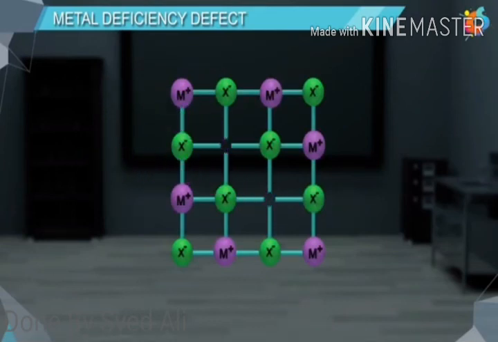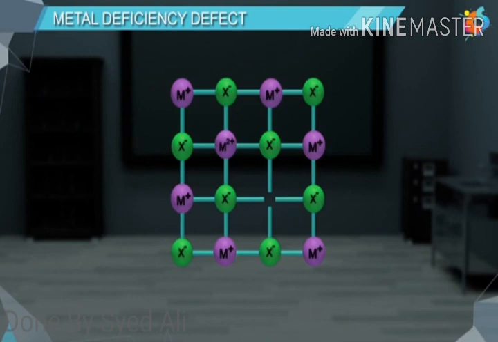To maintain electrical neutrality, some metal ion having higher positive charge is added to occupy the vacancies created in the crystal. As this metal ion has higher positive charge, it will occupy only some of the sites to balance the overall charge, and other sites will be left vacant.